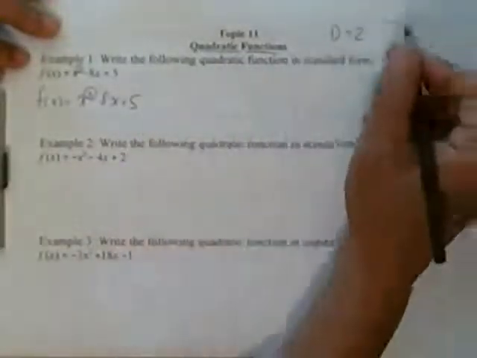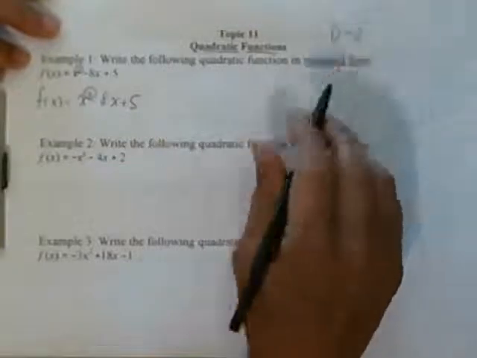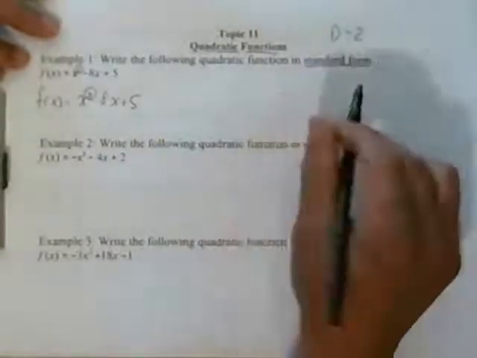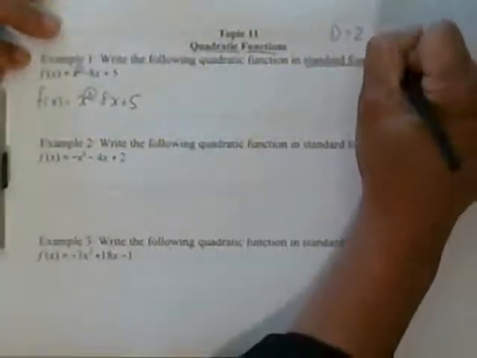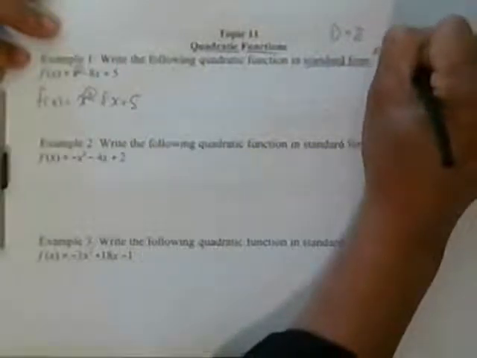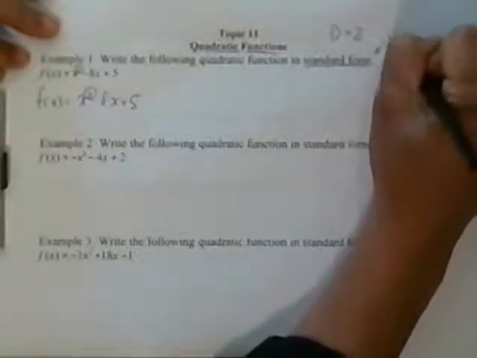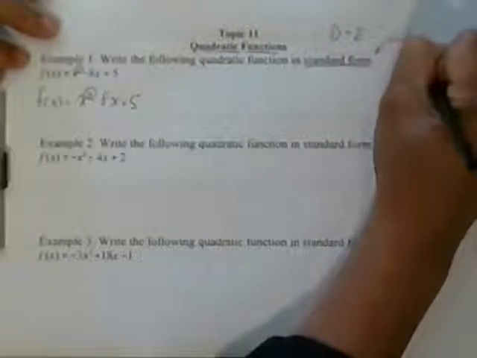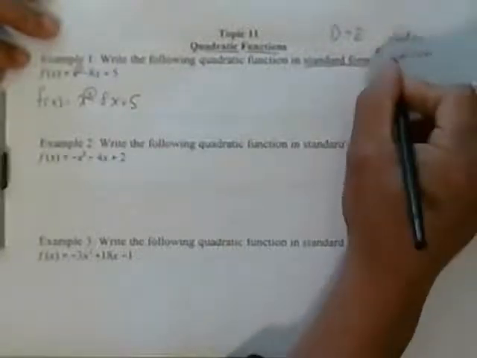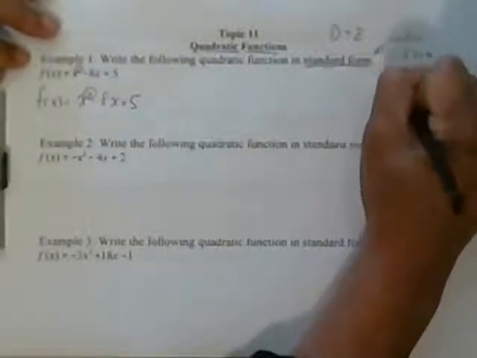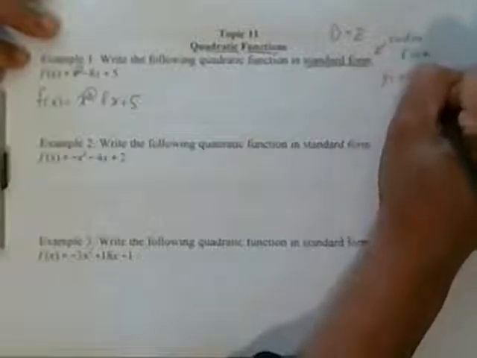It says write the following quadratic function in standard form. I had to look up what they mean by standard form. Most books call this the vertex form. I have no idea what they call this standard form. The vertex form looks something like this: y equals a(x minus h) squared plus k.